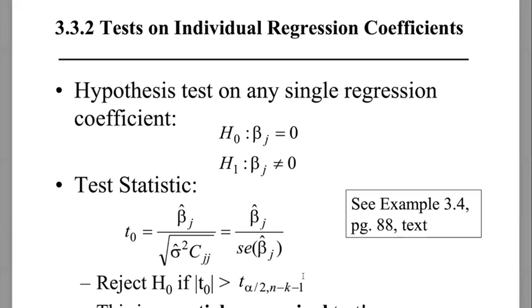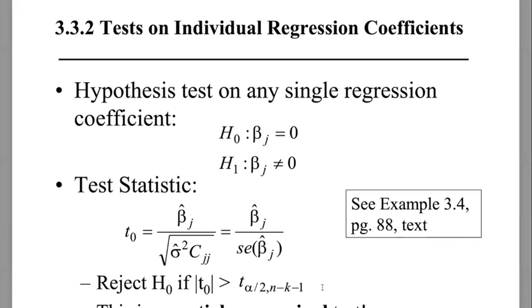The rejection criterion is to reject the null hypothesis if the test statistic, t-calc, is either less than the negative of the upper alpha over 2 percentage point of the t distribution with n minus k minus 1 degrees of freedom, or greater than the positive value.